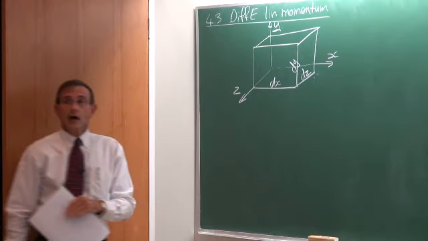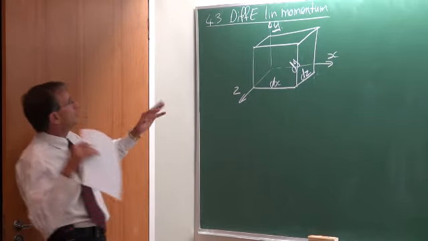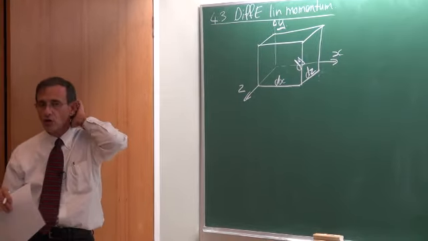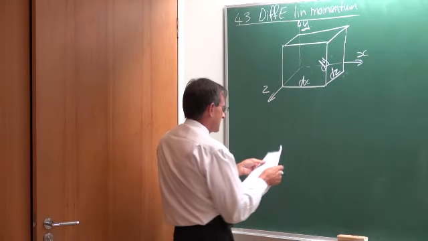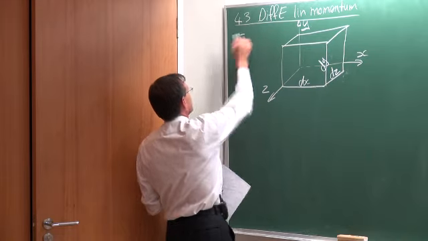Okay. And when we look at momentum, our elementary knowledge of momentum is that it is the mass flow rate multiplied by the velocity.